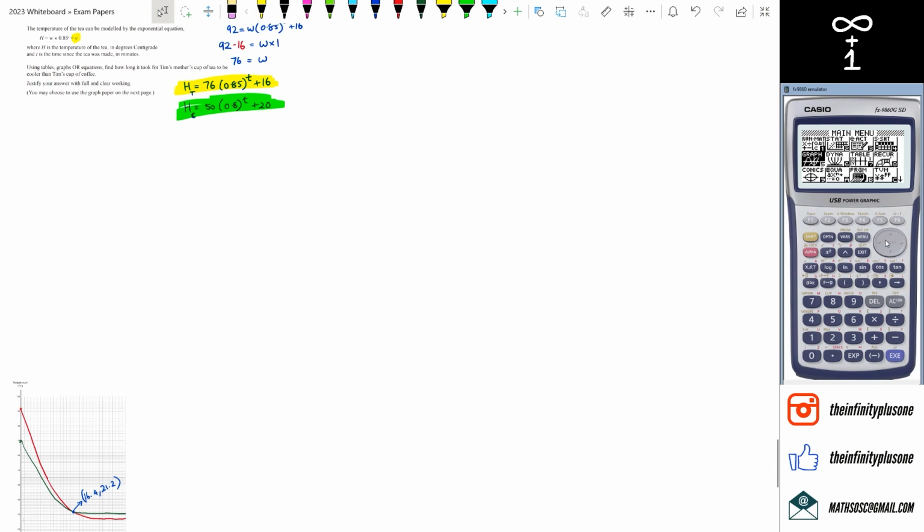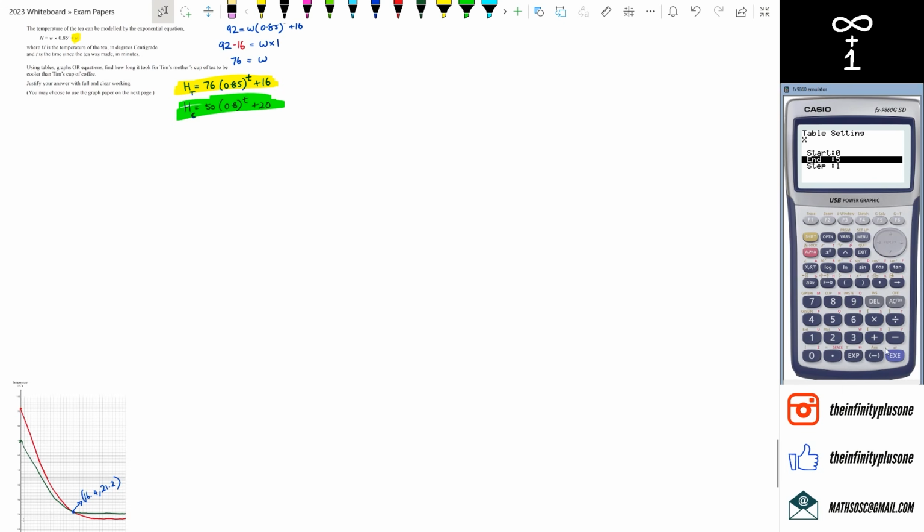If we want to get a table, what you can do is go into your graph and click on this table function. Because you've already entered those two graphs, you can create a table straight away. But what I would do is click on set, and right now it says start is 1.